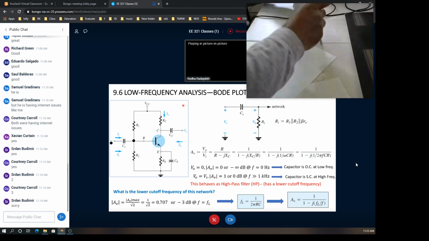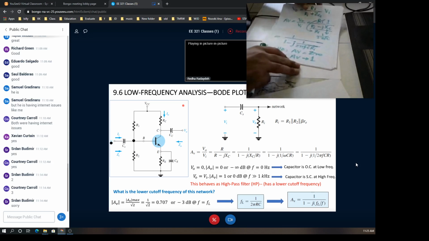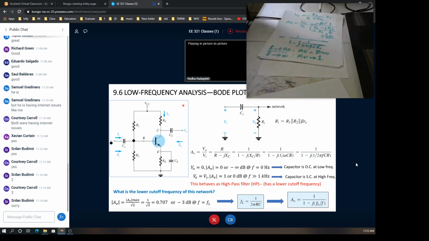The other justification of the result we have here is that looking at the network at no frequency, the capacitor in here would be replaced by what? An open circuit, right? Because we know the capacitor is open circuit for DC.